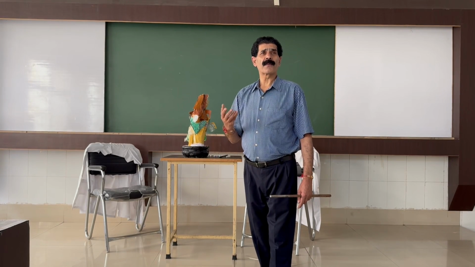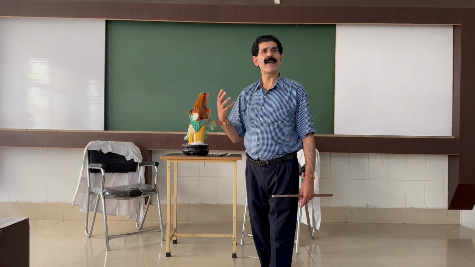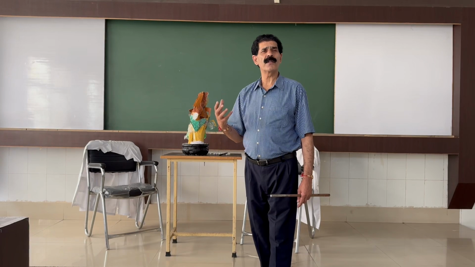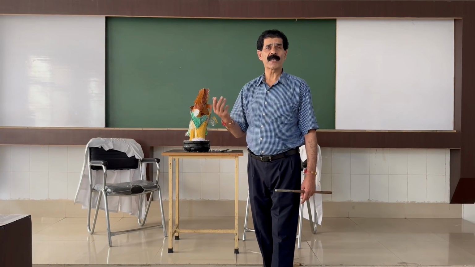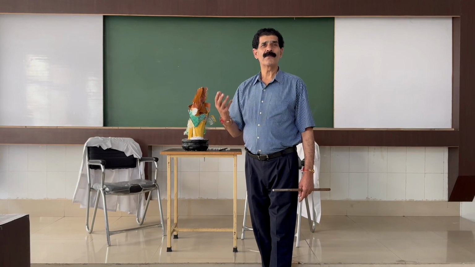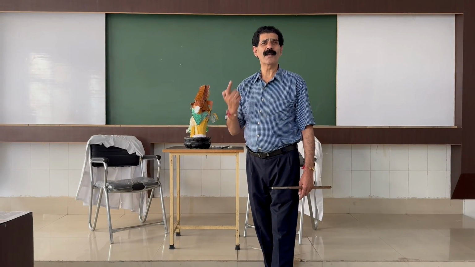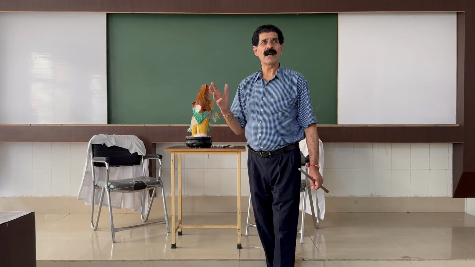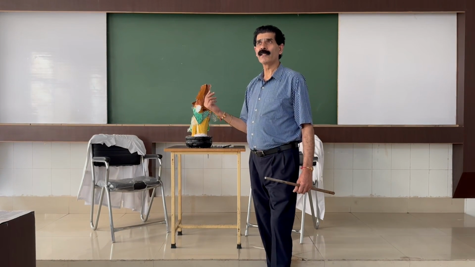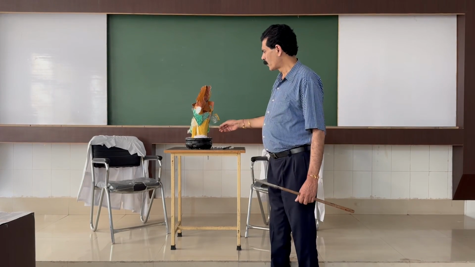But you will be surprised, the knee joint has the maximum amount of synovial fluid of all the synovial joints of the human body. And you will be surprised to note that the amount of this synovial fluid is only 1 ml. But this is the highest amount found in the synovial joints of the body.